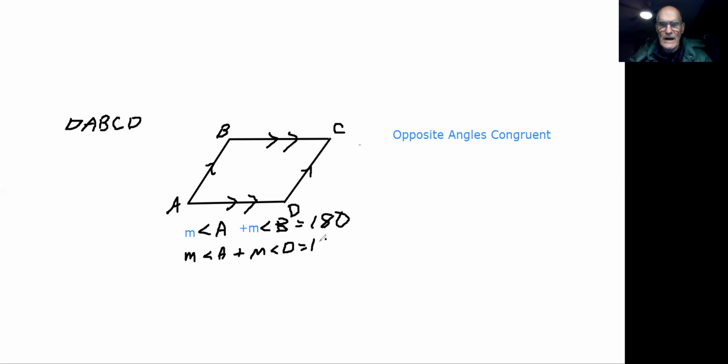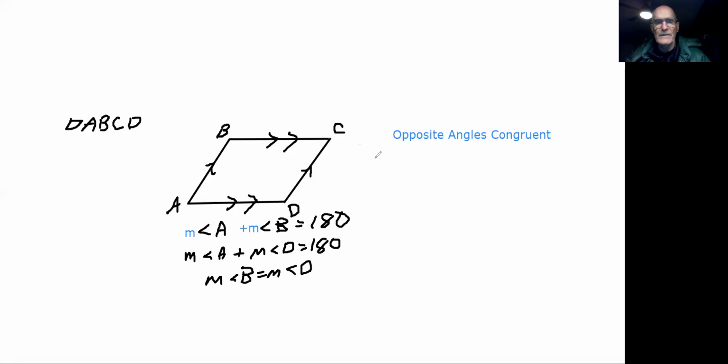So if we subtract the measure of angle A from both sides, we have the measure of angle B equal to the measure of angle D. Okay, so that's the proof that the opposite angles are congruent.